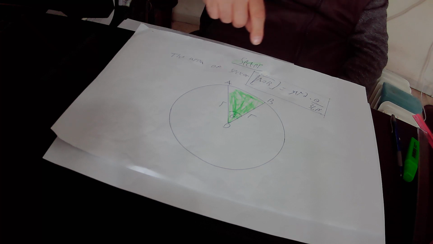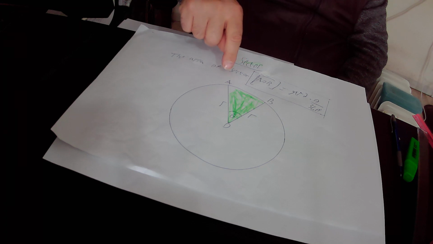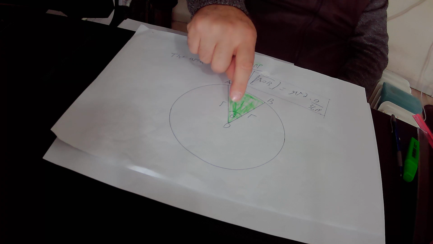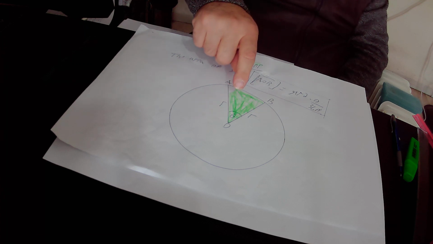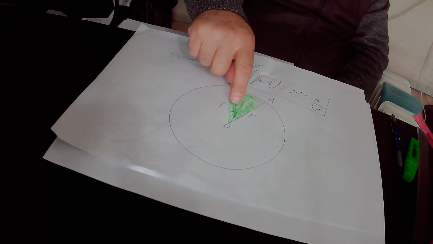The green sector AOB also consists of the arc AB. The arc is located between the two legs, and the angle between those two legs AO and BO is angle theta.